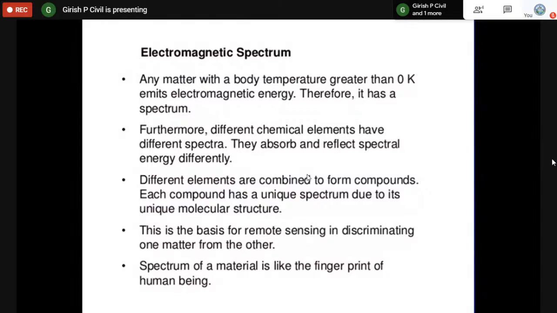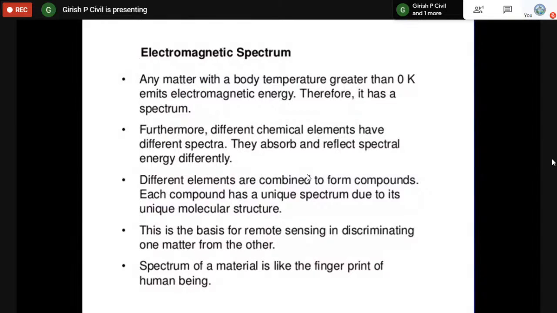And finally, through the equation V is equal to C by lambda, that is, the frequency is equal to the velocity of light divided by wavelength, the radiation waves are determined.